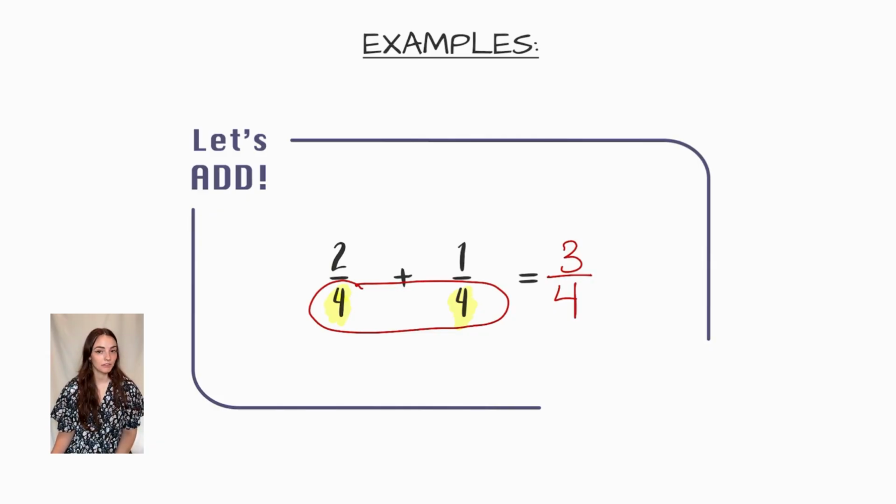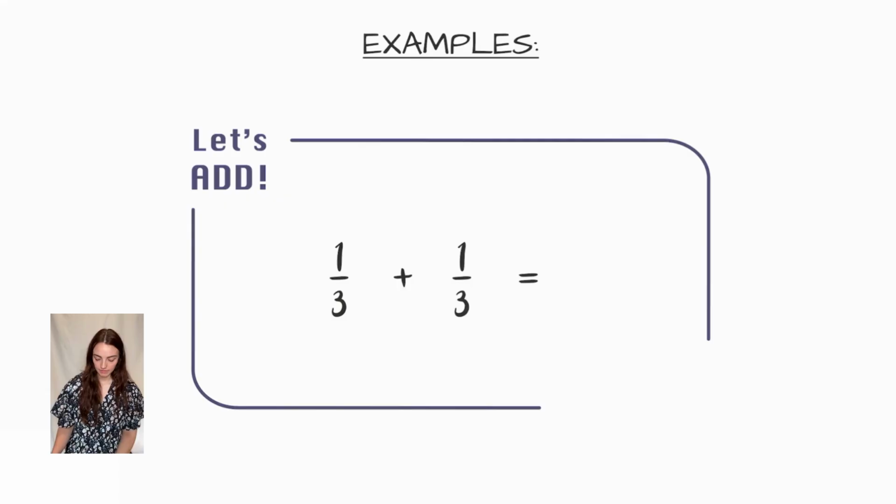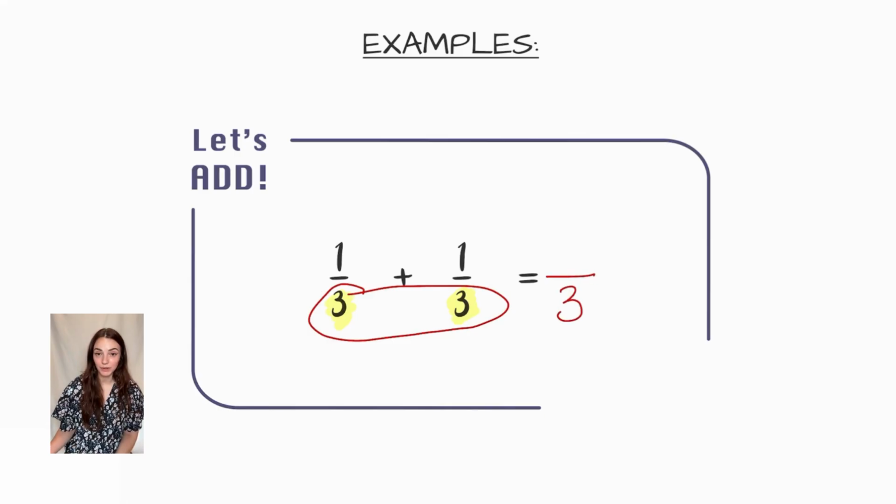Can we simplify this down any lower? We cannot. Again, 1/3 plus 1/3. Checking denominators. Perfect. Scoot our 3 right on over. No extra work. 1 plus 1 is 2. Can we simplify? Nope, we are done.